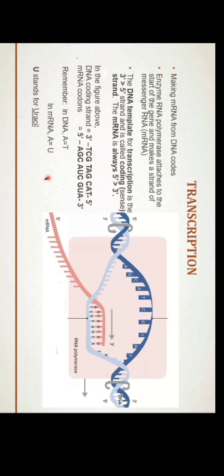For mRNA or any type of RNA, you cannot find any thymine there, and thymine is replaced by the N base called uracil. So the partner of adenine will be uracil in mRNAs, and of course CAT would be GUA, that's guanine, uracil, and adenine.